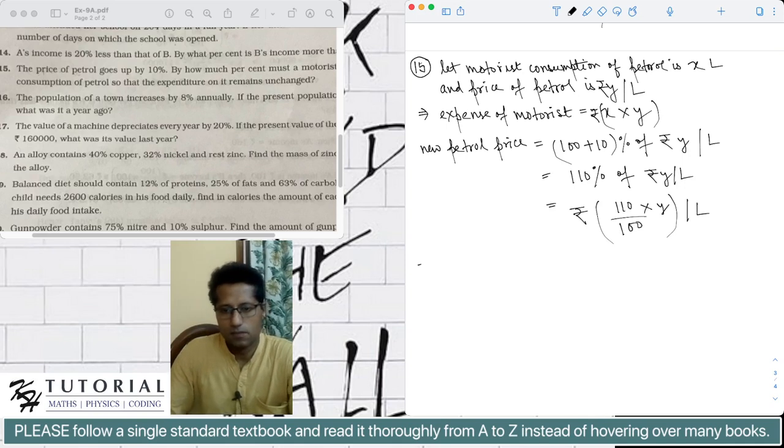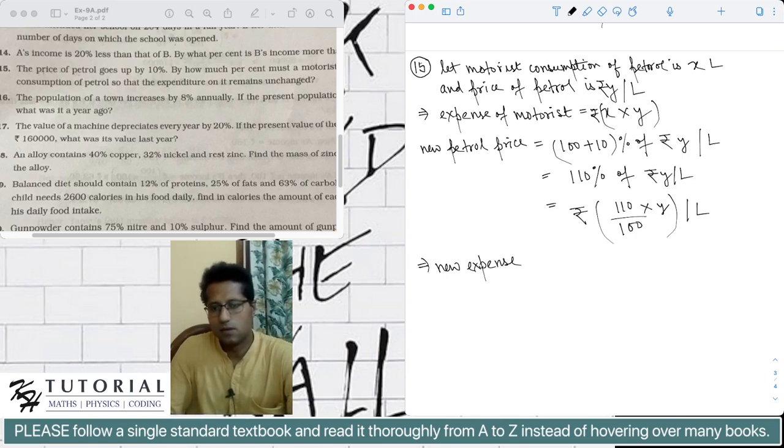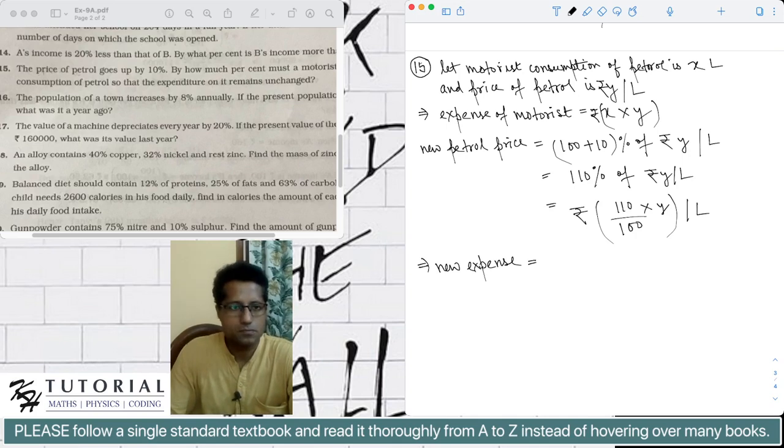Now this implies new expense, so that the expenditure on it remains unchanged. So the initial expenditure was x into y.